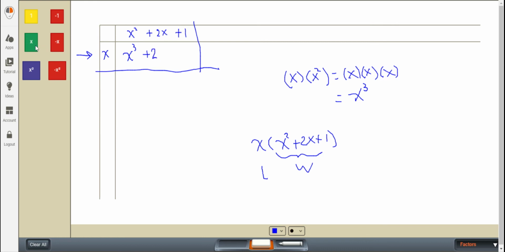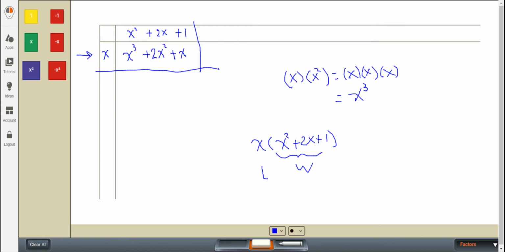I would have one of these tiles multiplied by two of them, so I would have 2x squared, just like we did before. And finally, I would multiply positive by positive to get a number times 1, which is the same number. And that is the answer to our area model.